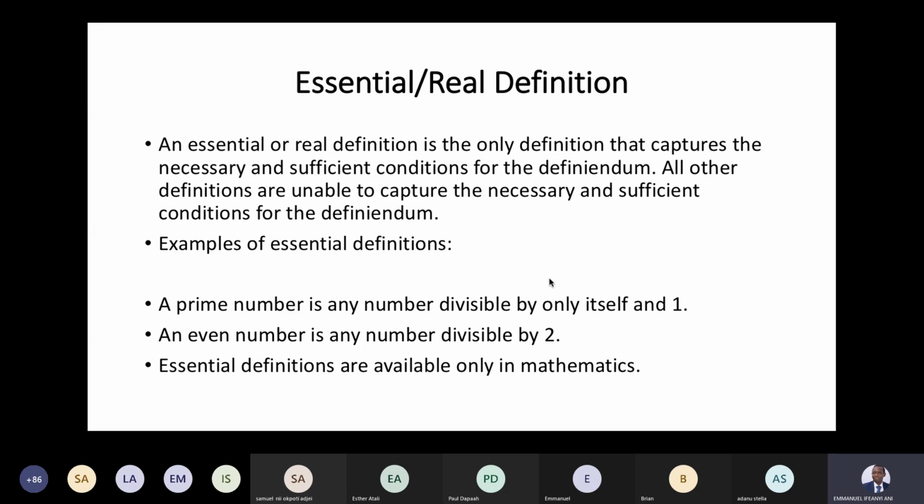There's usually only one correct outcome when you perform a mathematical operation. So definitions where the definiens give you characteristics that lead to only one outcome, and that's the definiendum. Such definitions are called essential definitions because they operate with mathematical accuracy.